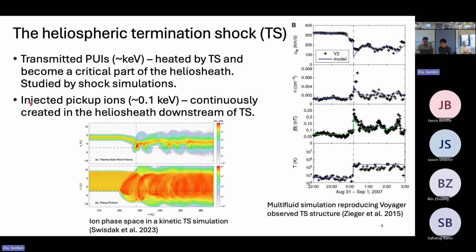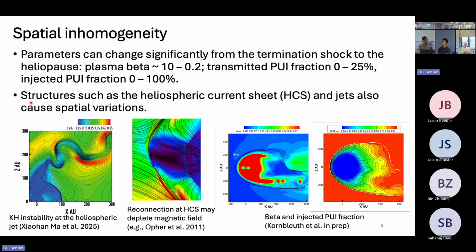And so this creation of newly injected pickup ions also affects the heliosheath, and that leads to the spatial inhomogeneity of the heliosheath. So the plasma parameters can change dramatically within the heliosheath from the termination shock to the heliopause.